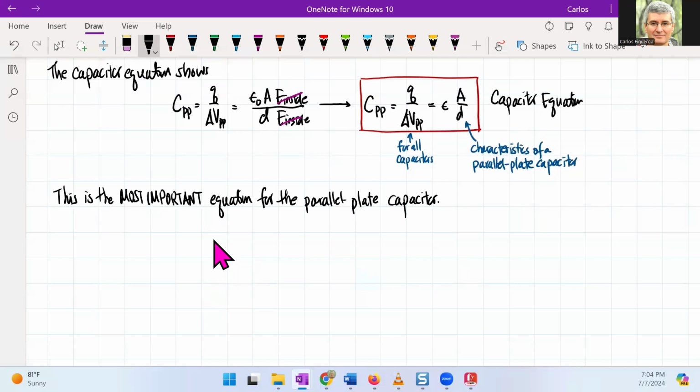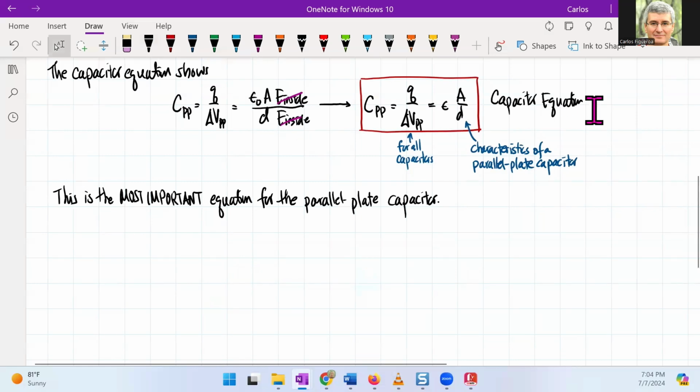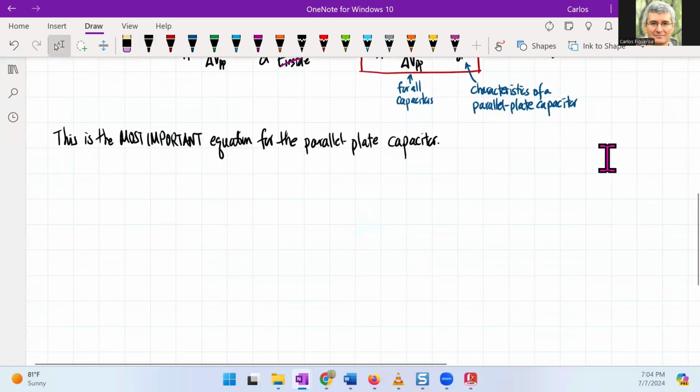And without any doubt, it's the most important capacitor that we study. Now, I want to start to interpret this one because there's a lot to unfold here. Okay, there's a lot to unfold.